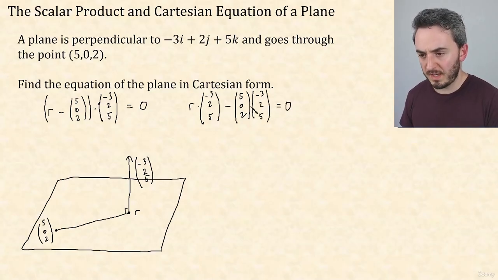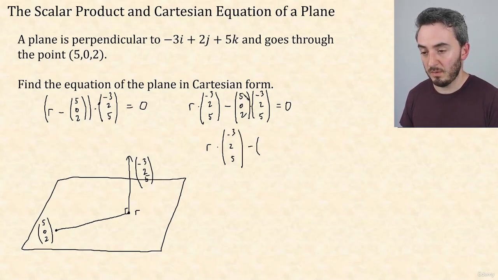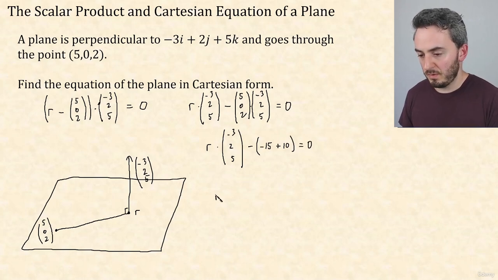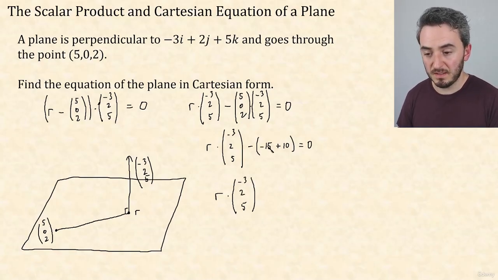But look, we can just expand this out. So we've got R dotted with -3, 2, 5 minus, now what do we get inside the bracket here? Well, 5 times -3 is -15. 0 times 2 is 0. 2 times 5 is 10. And so neatened up as much as it can go, inside this bracket it's minus 15 plus 10, which is minus 5, so it's this plus 5 equals 0. So that equals minus 5.